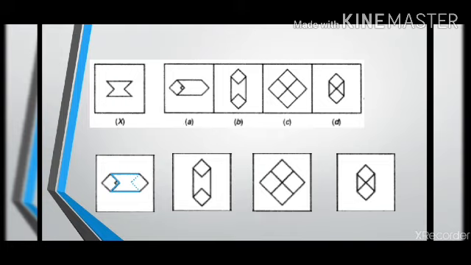Now in figure B, I have two vertical lines as well as the inclined lines that are joining these lines. So far option B is the nearest answer. Let's check option C. In option C, you don't have the vertical lines or the inclined lines that we need. Therefore, option C is eliminated.